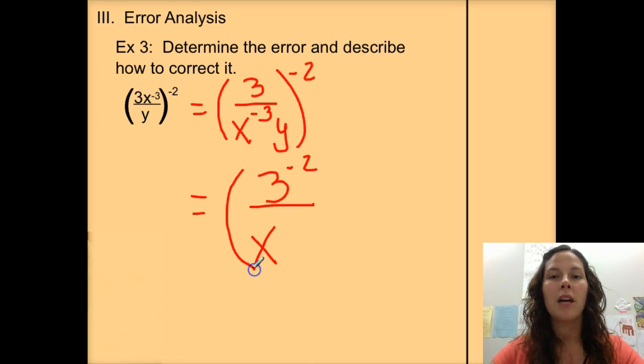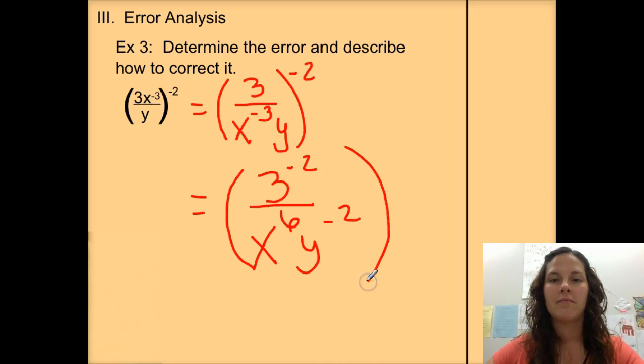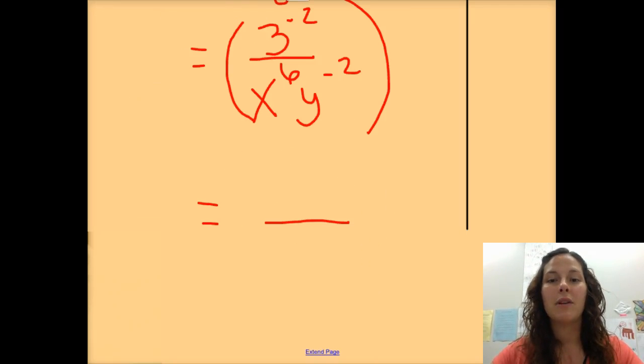I'm going to multiply my powers. The -3 times 2 is 6. And then I'm going to put the -2 power on the y. When I raise my 3 to the -2 power, it becomes -9. I'll flip my y to the numerator, and my x to the 6th stays in the denominator.